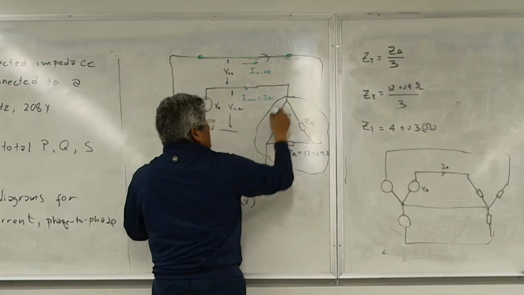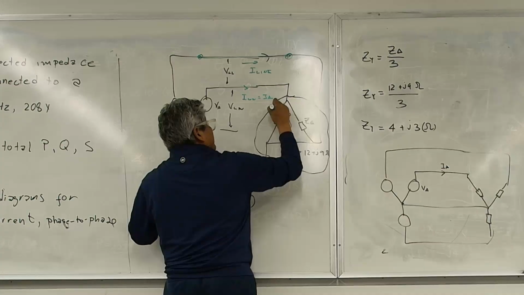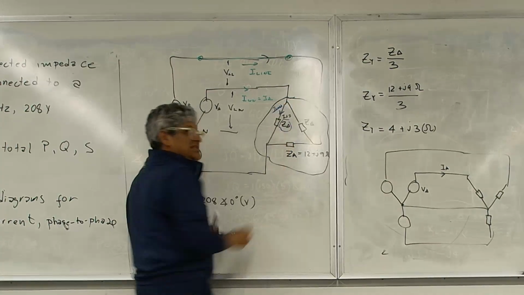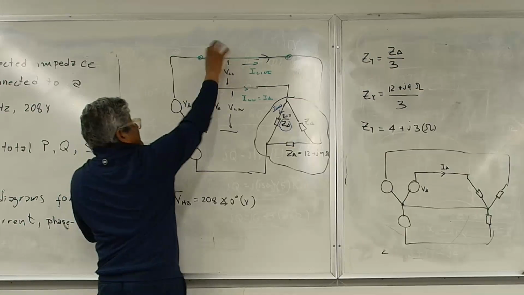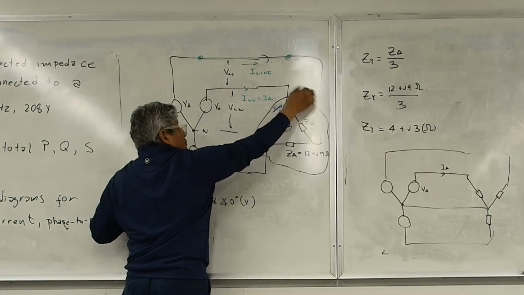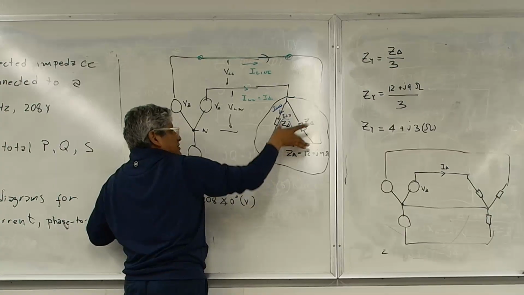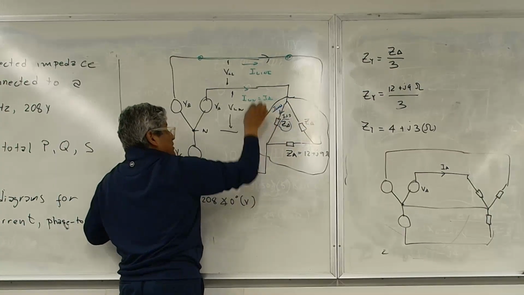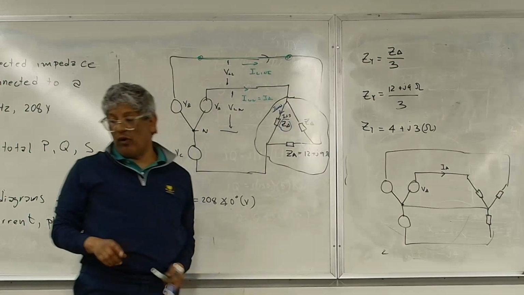This is the load. This is the line, the wire I'm using to connect the load. Inside the load, the current flowing here is the I load, and this is the I line.